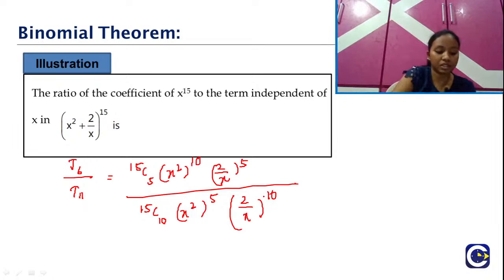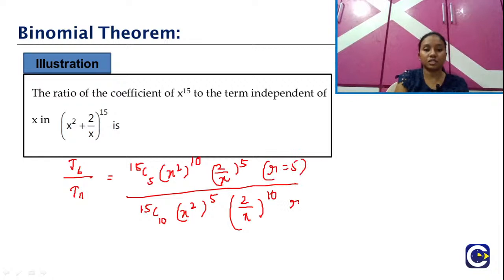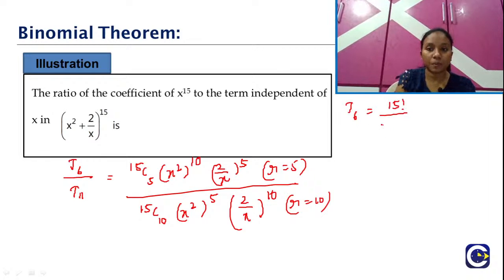So let's expand this. This is when r equal to 5 and this is when r equal to 10. So let's find these values first. I'll do T6 equal to 15 factorial by 5 factorial, 15 minus 5 it will be 10 factorial, x power 20, 2 power 5 by x power minus 5.